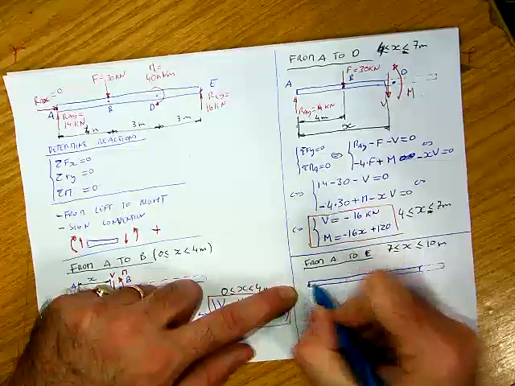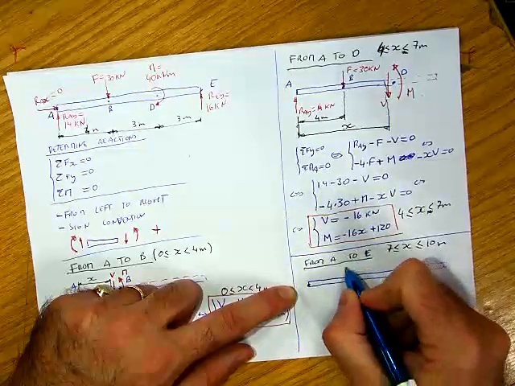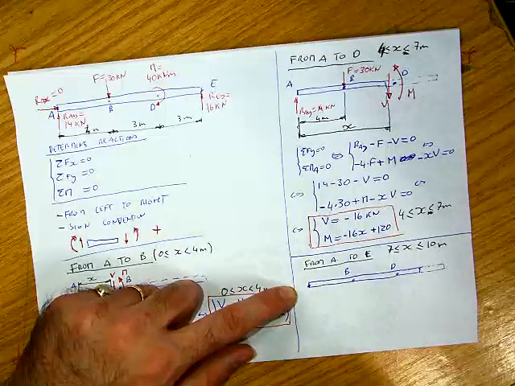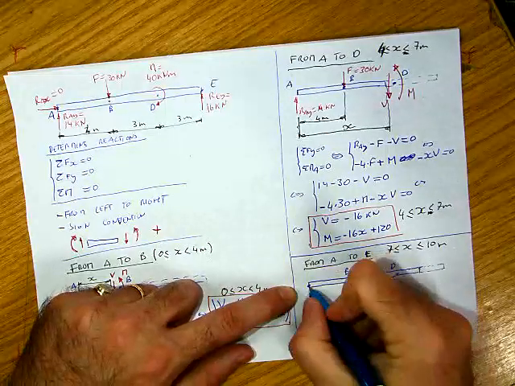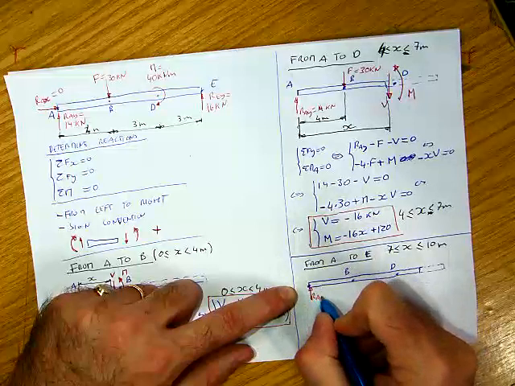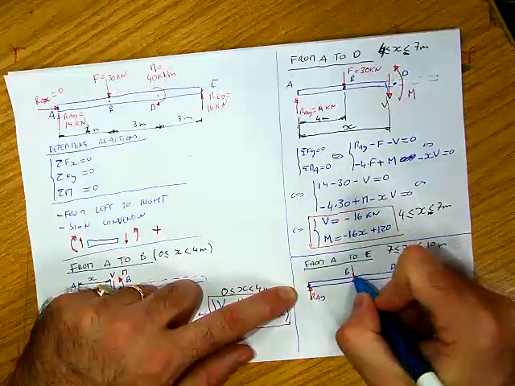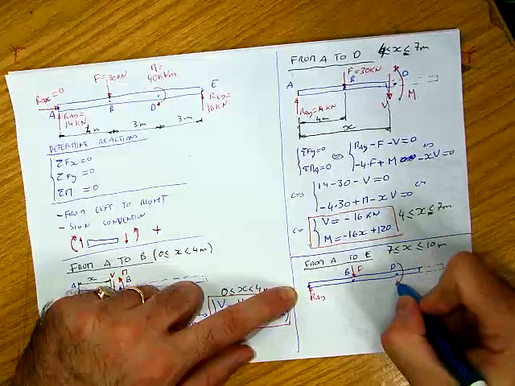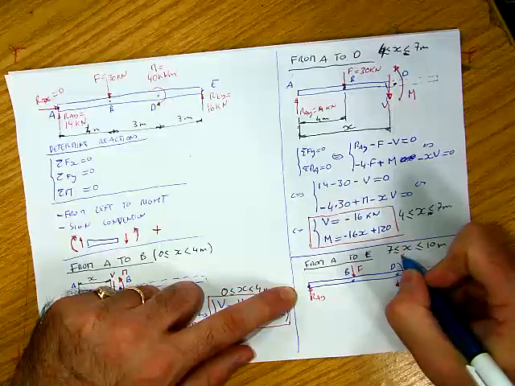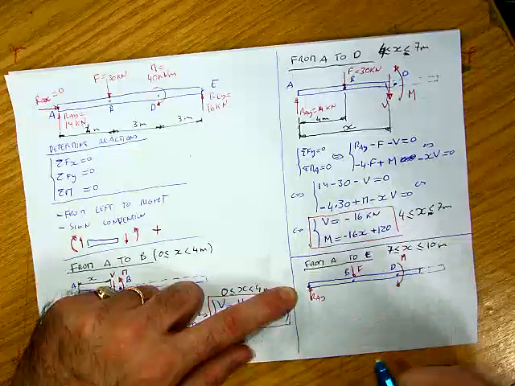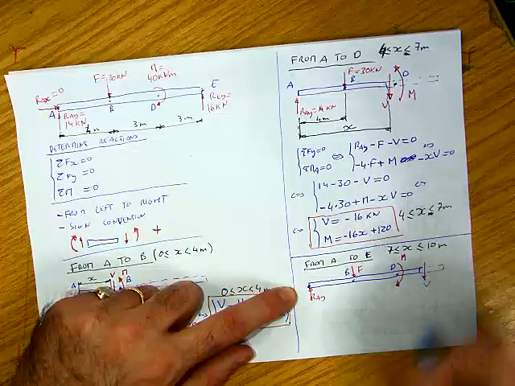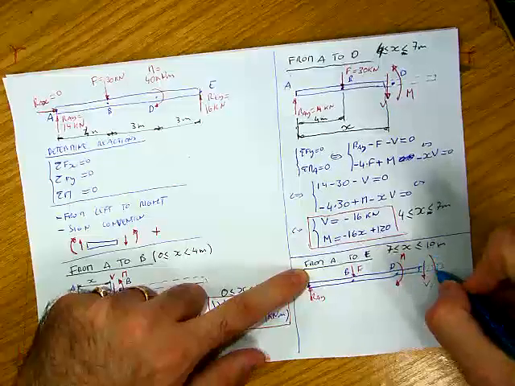And what I have here, I have point A, I have point B, I have point D. Okay, so I have here RAY, I have here the force F, I have here the couple, D, M, sorry, at D. Okay, and then I have here again this transverse shear, and I have here the bending moment.